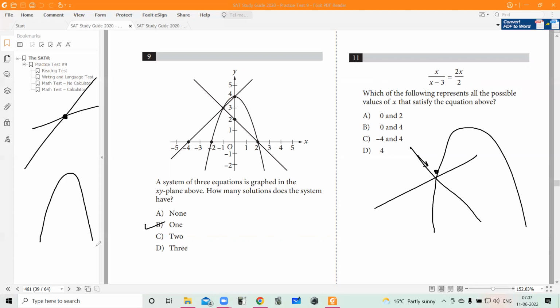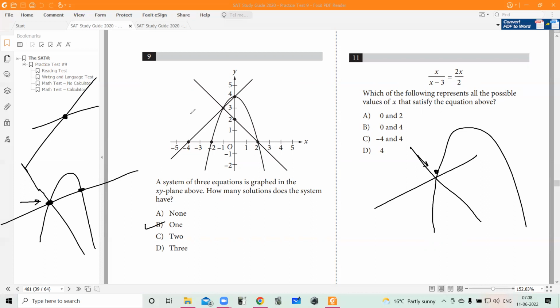In the same way, if you have a parabola and a line cutting it, there'll be 2 solutions because there's only one line. But if you have one more line in the system of equations and all 3 things meet at only one point, then we have only one solution to all these 3 things. Here they have said that you have 3 equations: one is a parabola and 2 are lines.